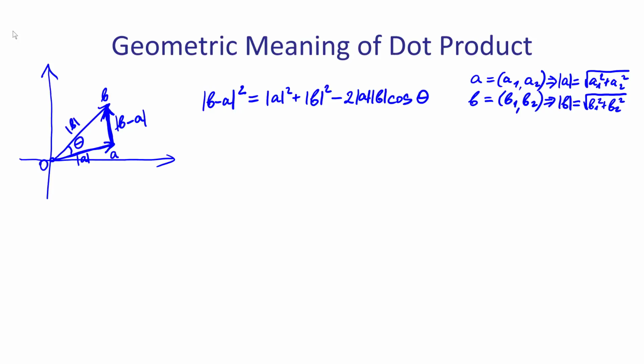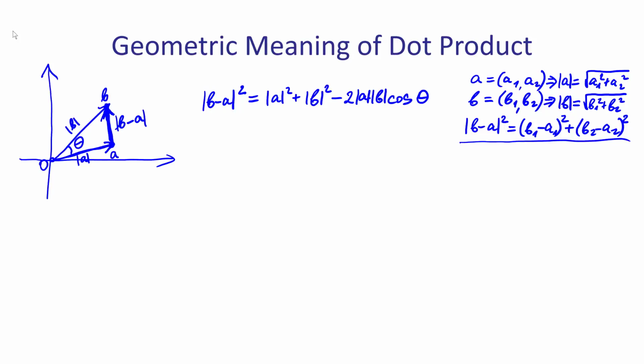Now similarly for the third side, from the Pythagorean theorem, B minus A squared will be B1 minus A1 squared plus B2 minus A2 squared. This is clearly true because this is the Euclidean distance between point A and point B. So this vector is basically between point A and point B here.